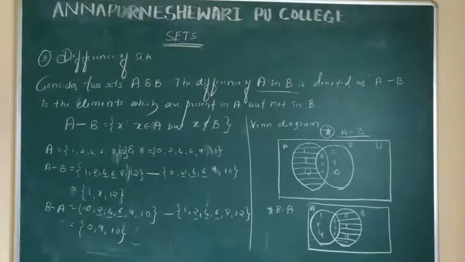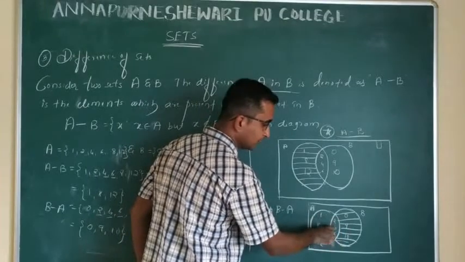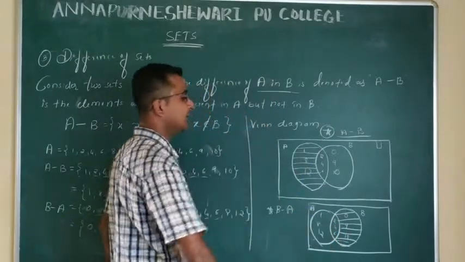Why don't we mark here? Because if you mark this one, then those 2, 4, 6 are present in A also.